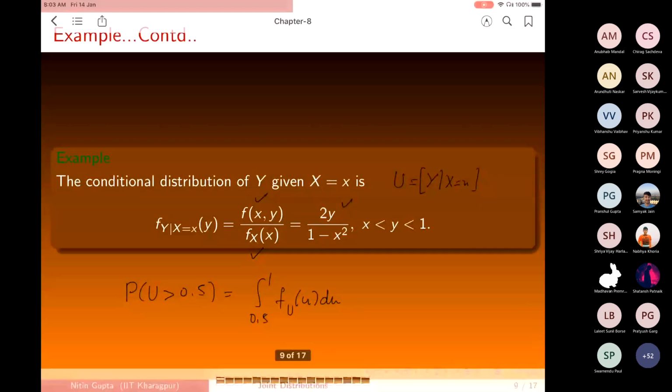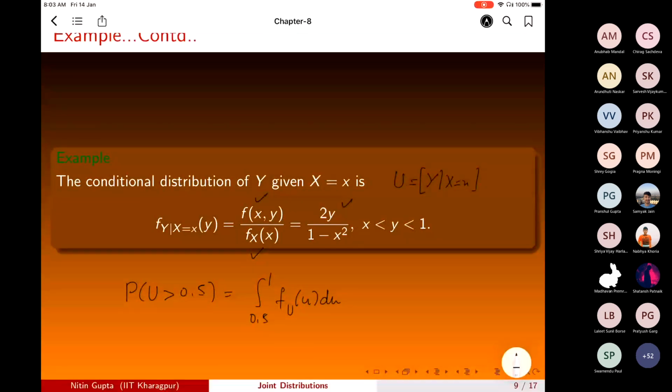And from there we can find the expected value of y given x is equal to small x also. This will be nothing but the integration of y times the conditional density dy. Okay, so this will be some function of x, small x.